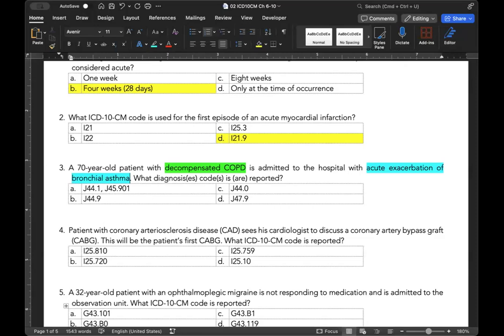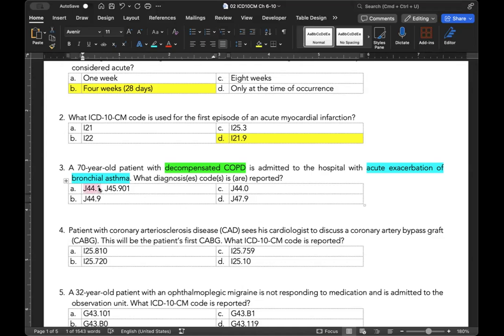And then there is the exacerbation, because the exacerbation applies to both our bronchial asthma and the COPD. Does that make sense? So that acute exacerbation of the asthma is also causing an exacerbation of the COPD. So what's our code for the asthma with COPD and an exacerbation? Yep, J44.1. And that's going to be our COPD code.